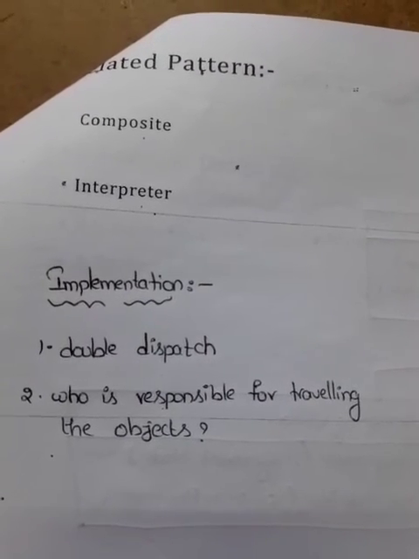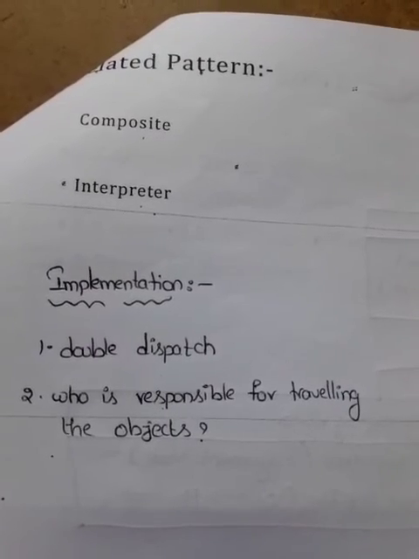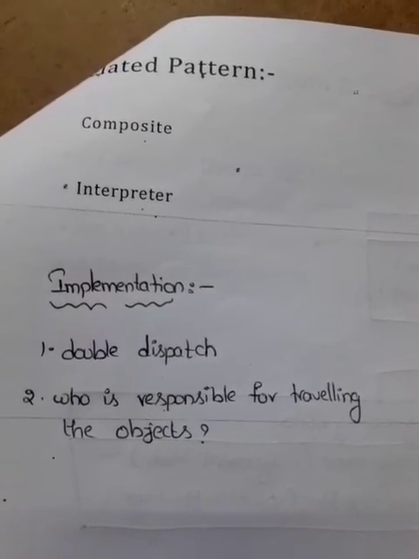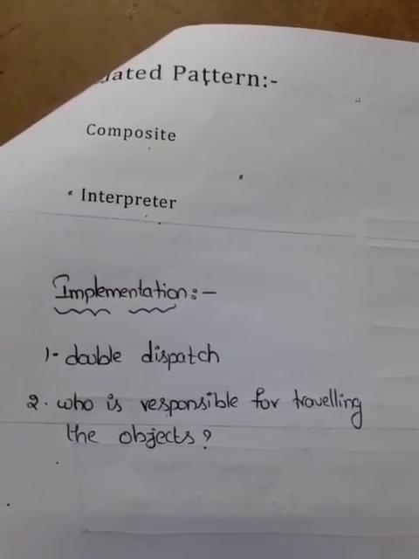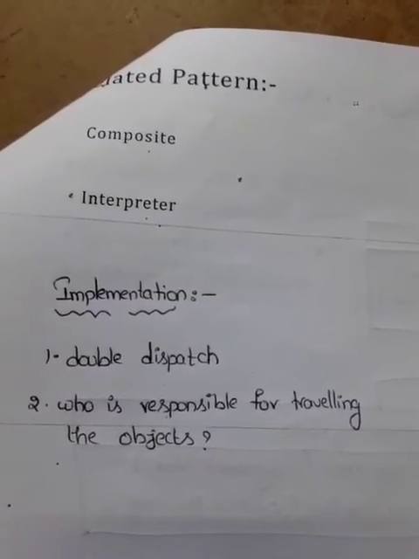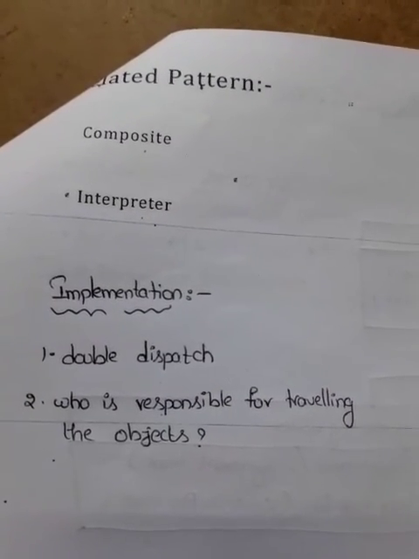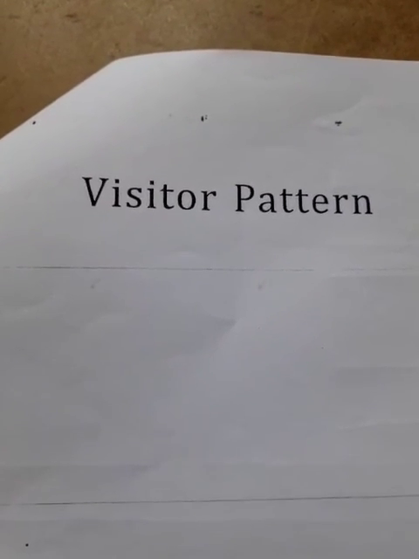And a visitor may be applied to do the interpretation. Based on that, the interpreter pattern also becomes a related pattern to this visitor pattern. So this is about the visitor pattern.